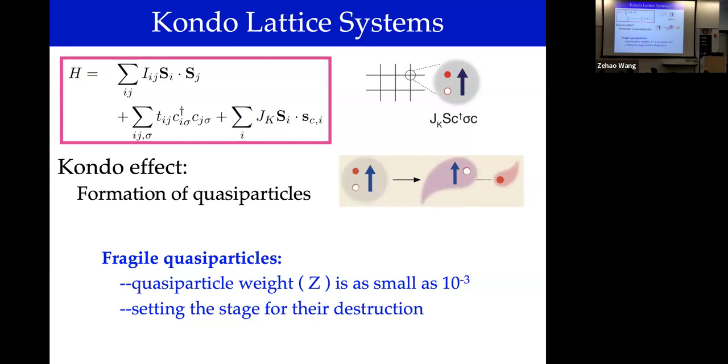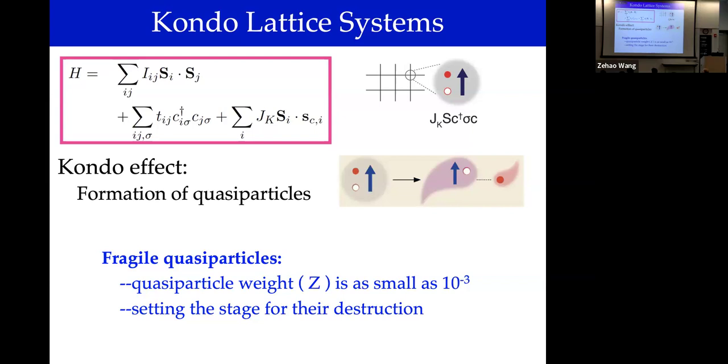And through the Kondo effect leads to these quasi-particles, which have non-zero weight, but they are very fragile in the sense that the quasi-particle weight could be as small as 3 orders of magnitude smaller compared to unity.